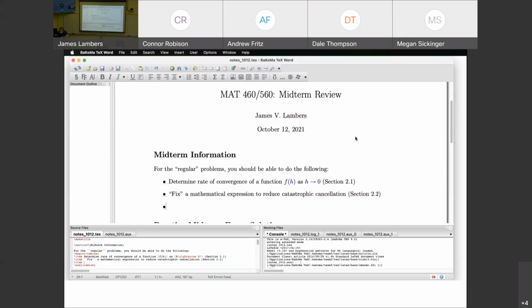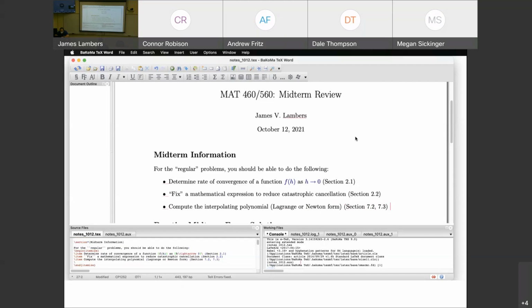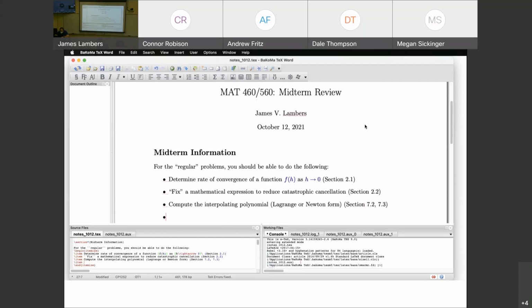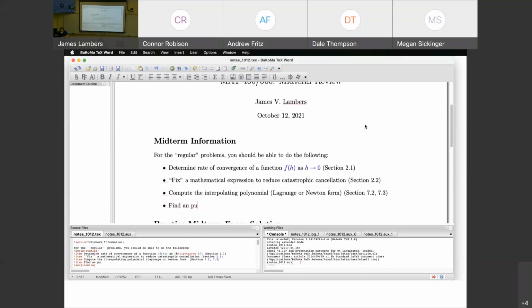Next, given x and y values, compute the interpolating polynomial in either Lagrange or Newton form. That's 2.7.3.